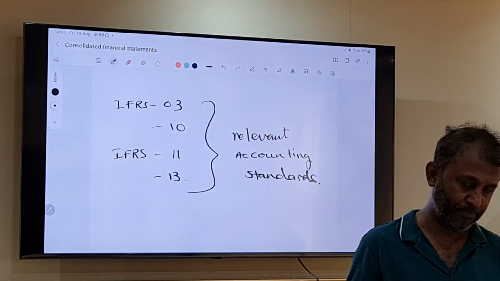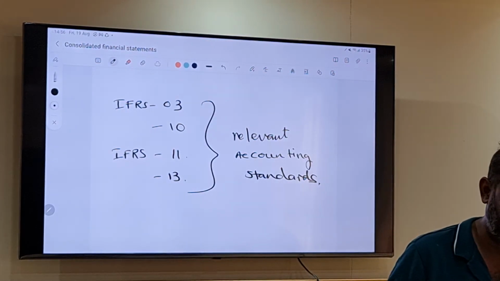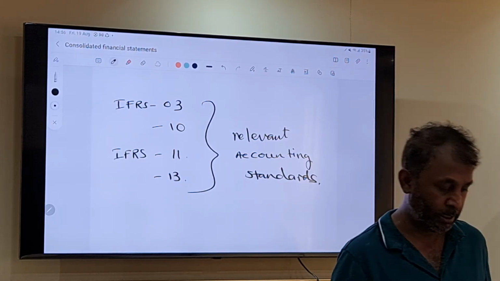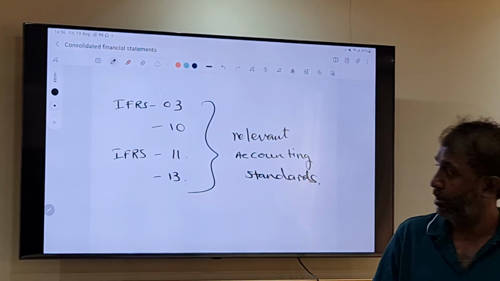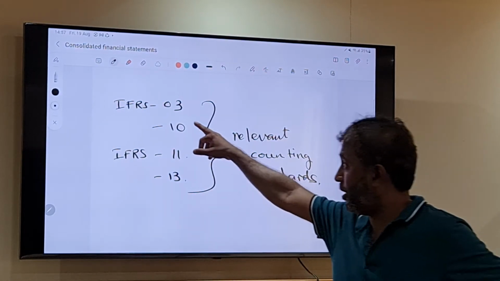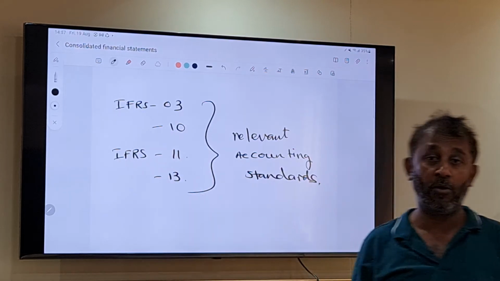This covers mainly two sections: the consolidated balance sheet, or consolidated statement of financial position, and the consolidated profit and loss account, or consolidated income statement. To study this, IFRS has come up with these 3 or 4 standards.